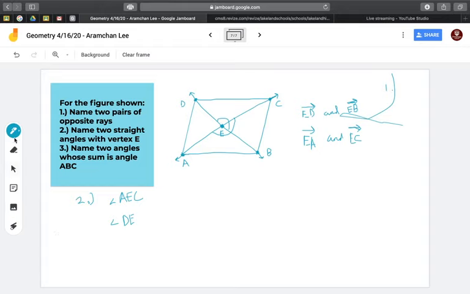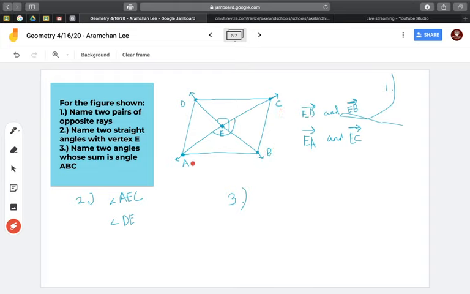For the last part, part 3, it asks us to name two angles whose sum is angle ABC. So we see angle ABC here, and we are trying to find two angles that, when added, equal ABC.